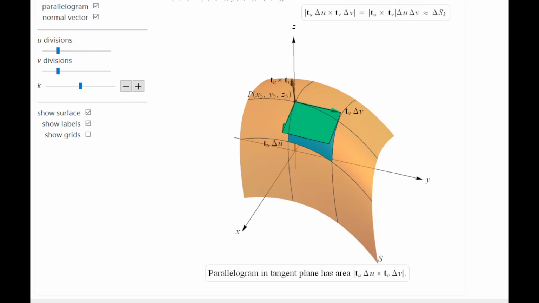And just a quick remark, since both Tu and Tv are tangent to the surface, their cross product will be normal to the surface.